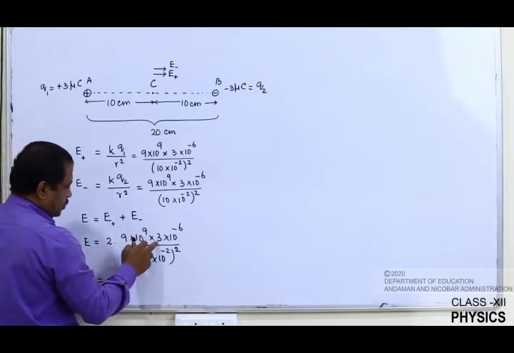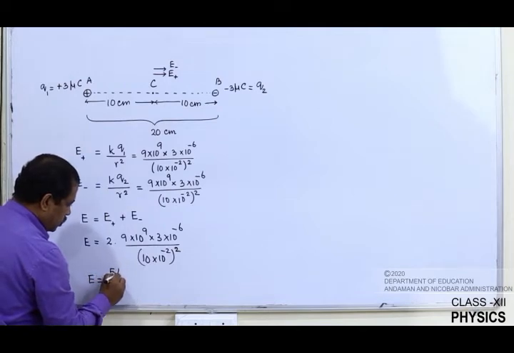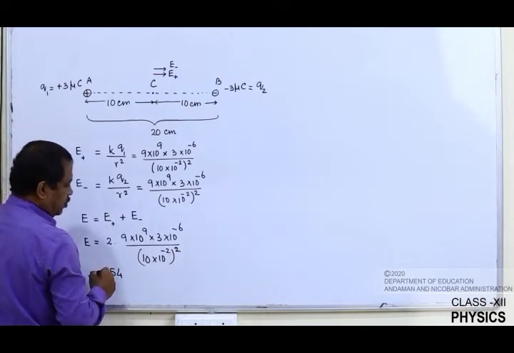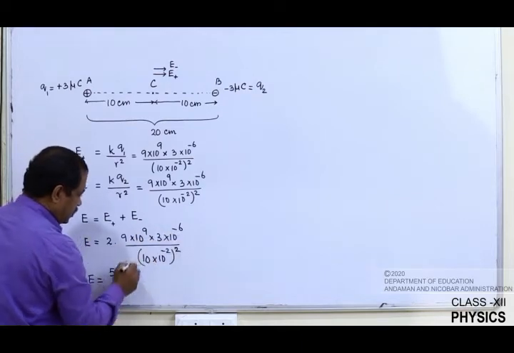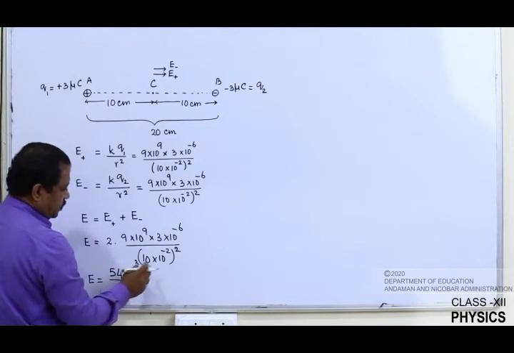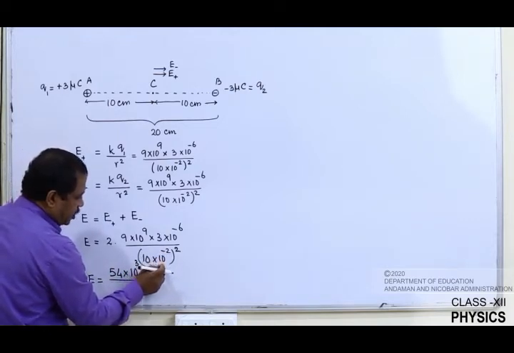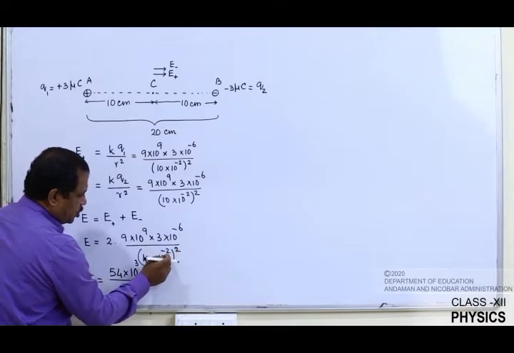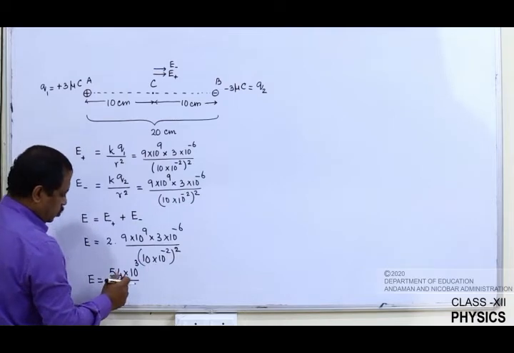2 3s are 6, 9 6s are 54. So this happens to be 54 into 10 power 9, 10 power minus 6 works out to be 10 power 3, divided by 10 into 10 power minus 2, which is 10 power minus 1. 10 power minus 1 whole square is 10 power minus 2. When I take it to the top, it happens to be 10 power plus 2.